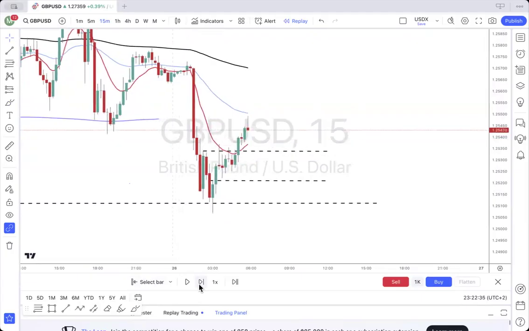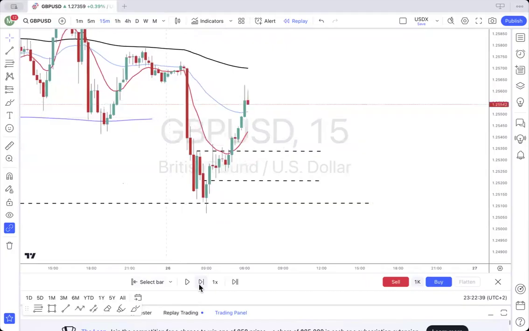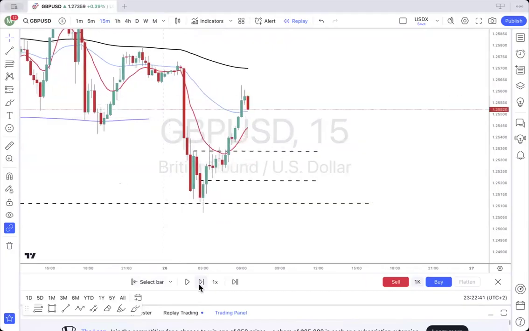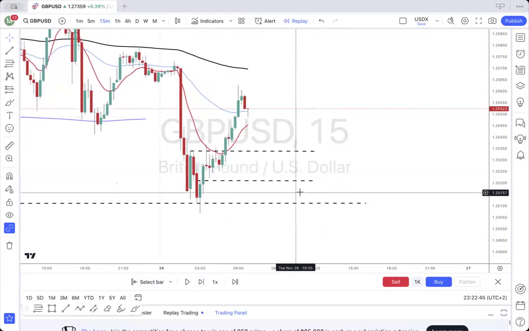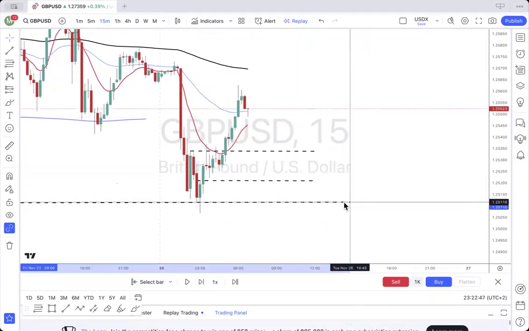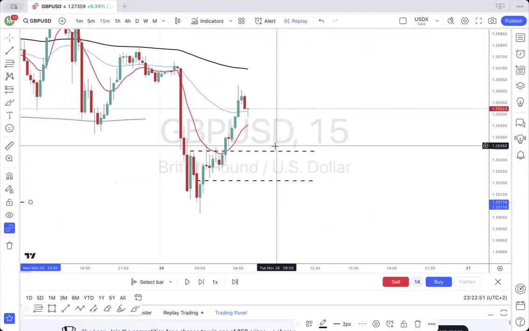Okay. Now the market left me, which is fair and fine. Now that the market did not come back to my points of interest, these two, let me just drag this one back this way. These 2 points of interest are no longer entries for me.